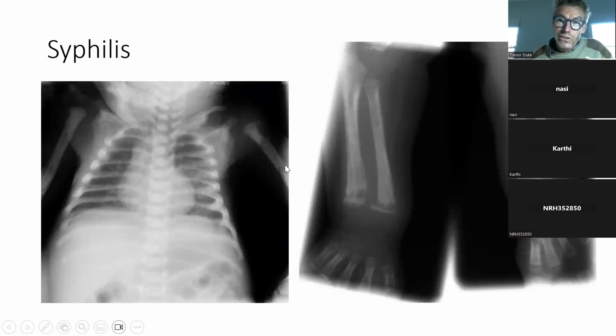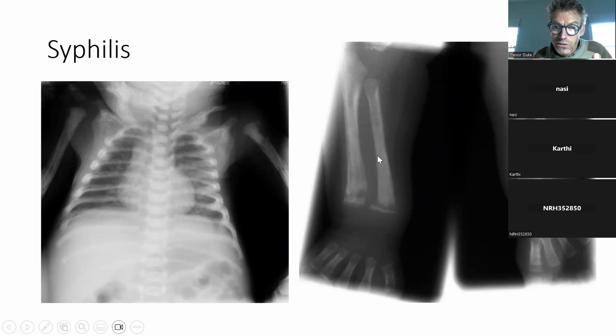Whenever you see this appearance of a double periosteal reaction occurring in multiple bones, then think of syphilis or yaws. This is again the radius and ulna of a child who had untreated syphilis, and you can see the double line of the cortex, the translucency, and again some cystic changes within the bones.